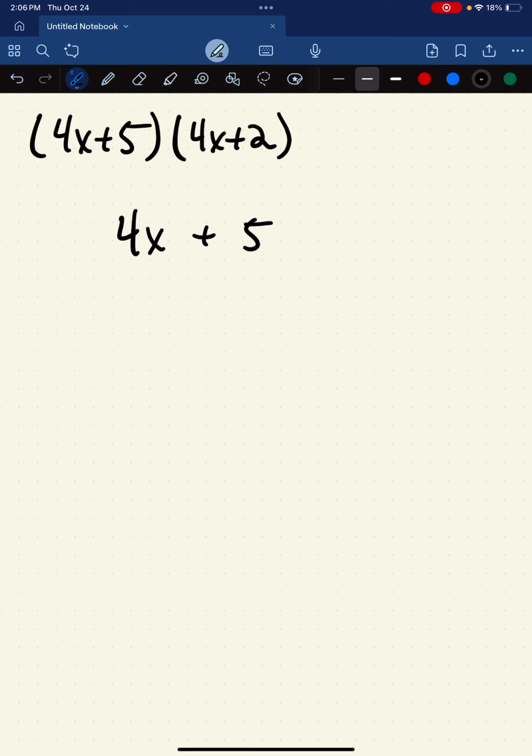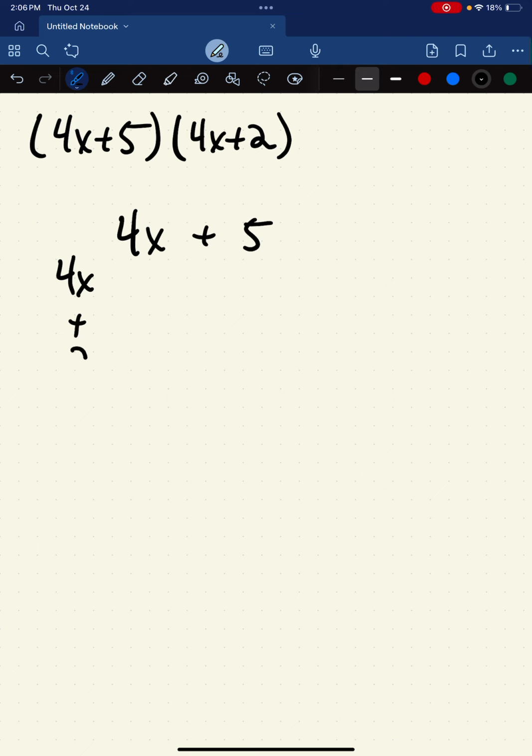Okay, so let's do some examples. (4x plus 5) times (4x plus 2). We'll use the box method for this one.